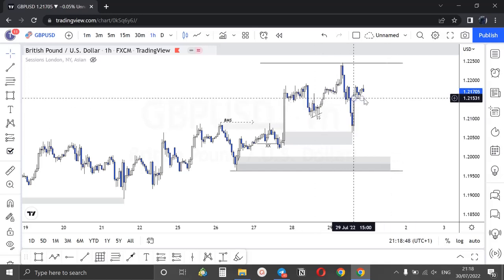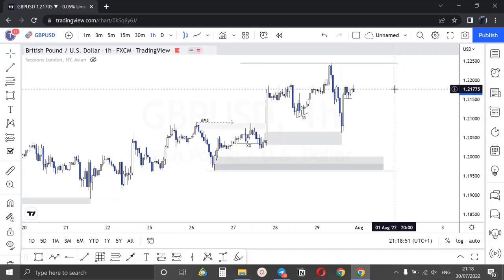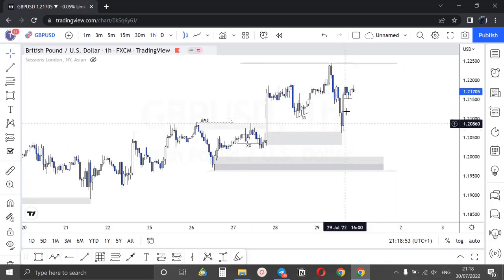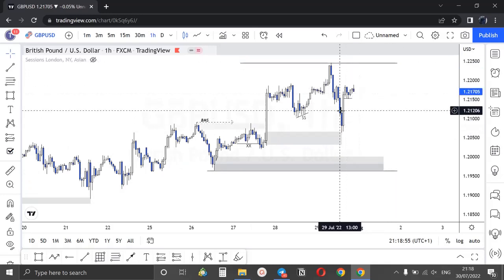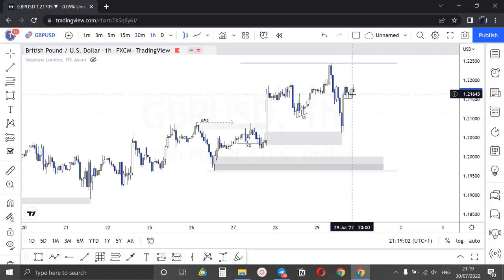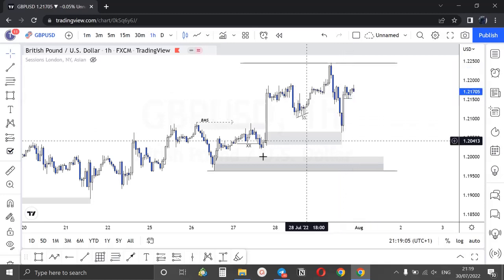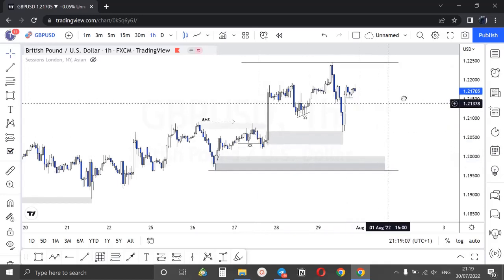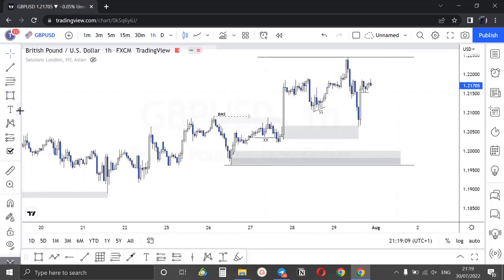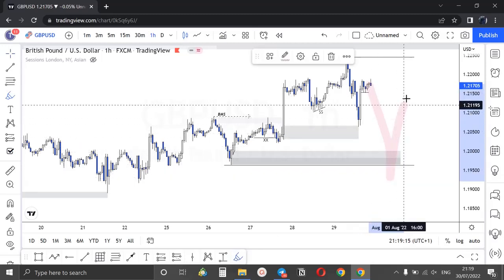The market is always moving, so there is no need to pursue the market. If I miss this, if they take out this high, I look at this area for a buy, I mean, for a mitigation. And if they fail to take out this high and they take out this low, then potentially this is what I'll be looking forward to.